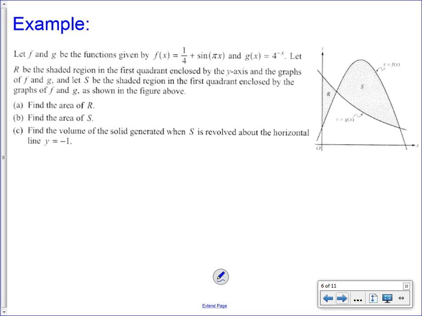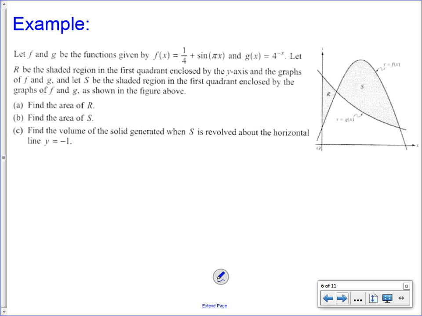All right, let's look at some examples. I think this is one we may have done previously. It says let f and g be the functions given by f of x equals 1/4 plus sine of pi times x, and g of x equals 4 to the negative x power. Let R be the shaded region in the first quadrant enclosed by the y-axis and the graphs of f and g.